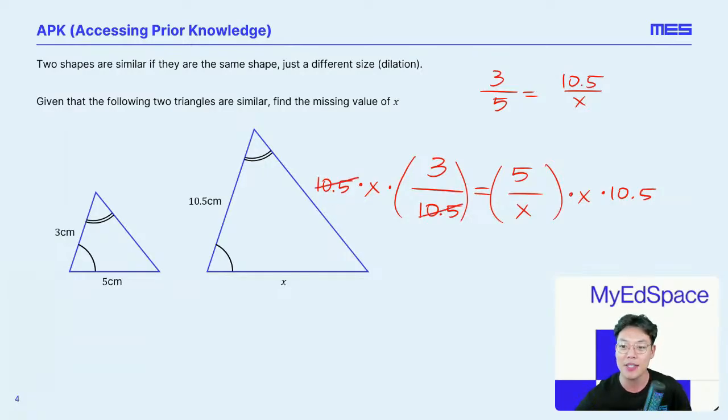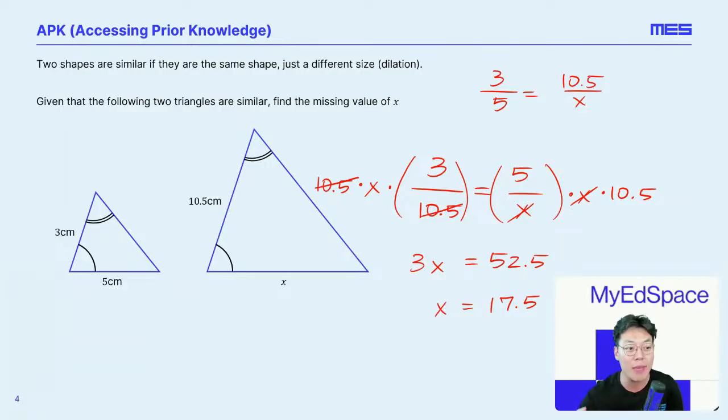So 10.5s cancel out, the x's cancel out, and all we're left with on the left is x times 3, which is 3x, equal to 5 times 10.5, which is 52.5. We divide both sides by 3, and that'll give us 17.5.